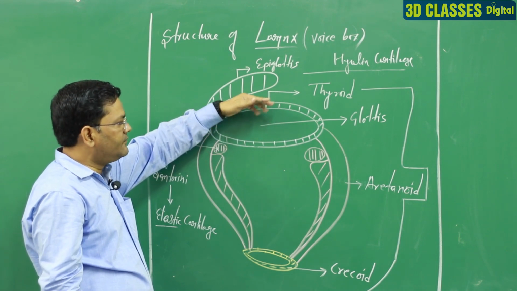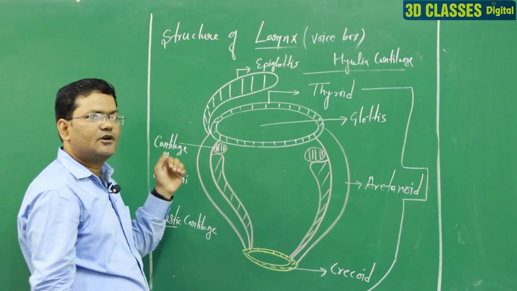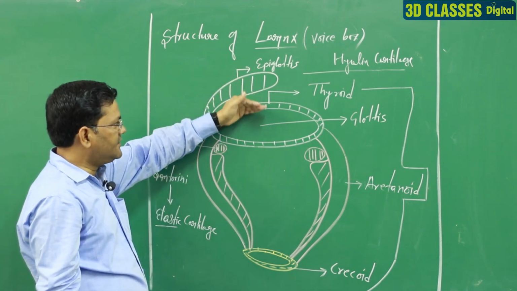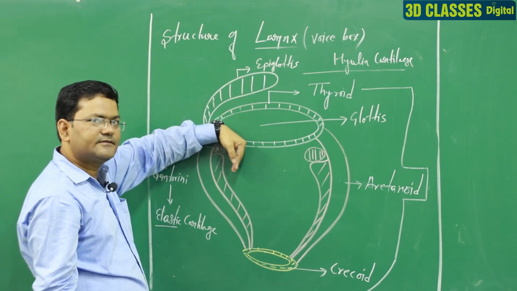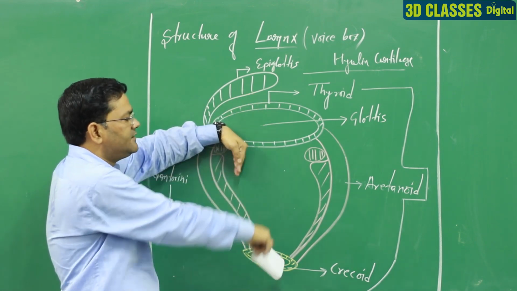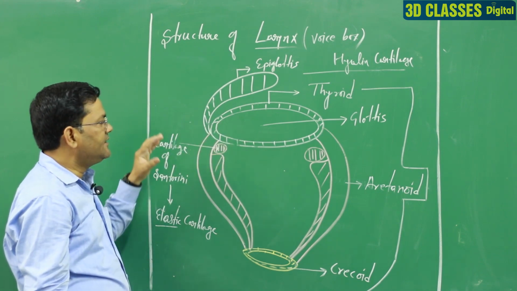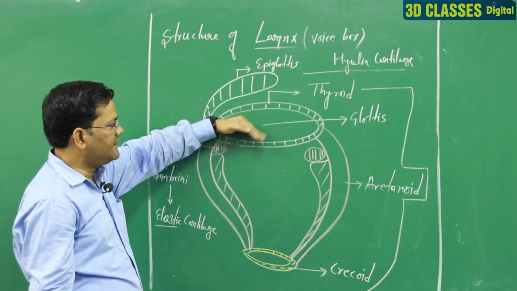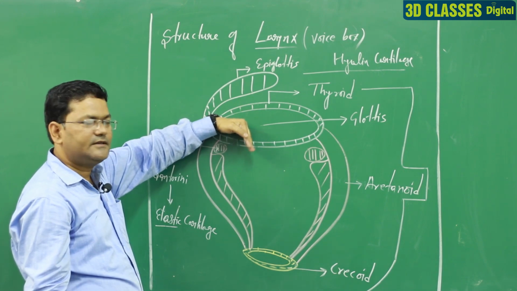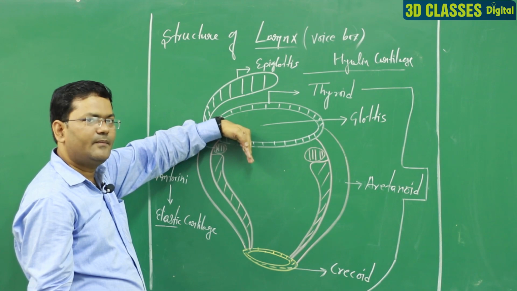But if this structure is absent, if cartilage of Santorini is not present, then maybe it is very weak and food enters inside. Then food also enters inside when you take food. So this cartilage of Santorini protects against entering inside, and the epiglottis generally is present and blocks this region, not in a bent form.